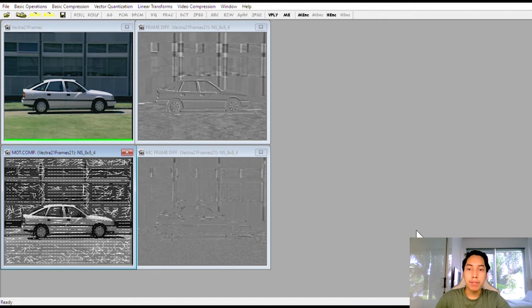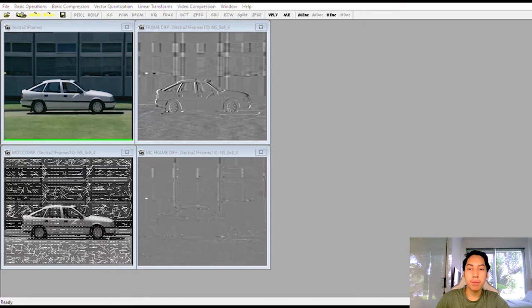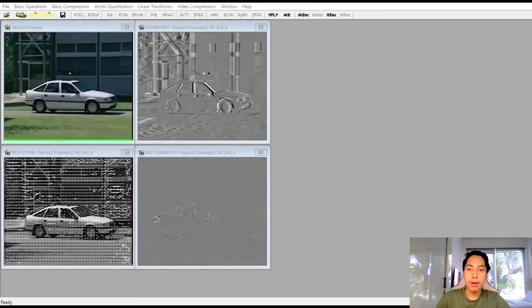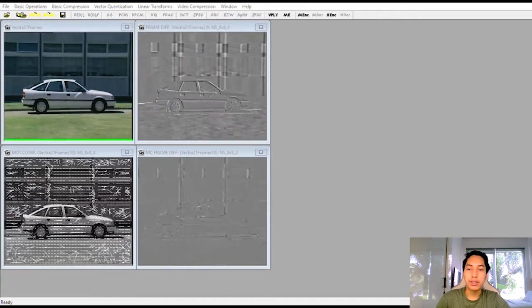Here is a demonstration of motion vectors using VcDemo. The top left window of the screen is the raw video provided by VcDemo. The top right window is the frame difference.